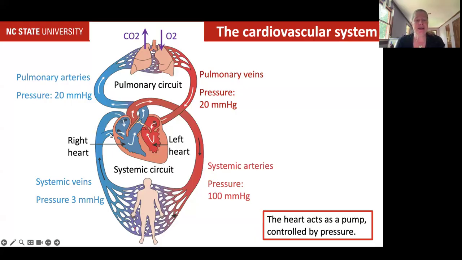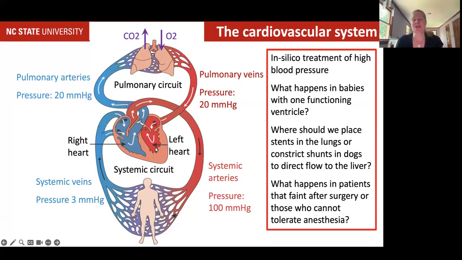In the right heart, there's another pump acting, and that's putting out deoxygenated blood into the pulmonary arteries at about 20 millimeters of mercury. Again, we have an exchange of oxygen and carbon dioxide, and then it's returned in the pulmonary veins. So the heart really acts as a pump, and it's a pump that's driven by changes in pressure.